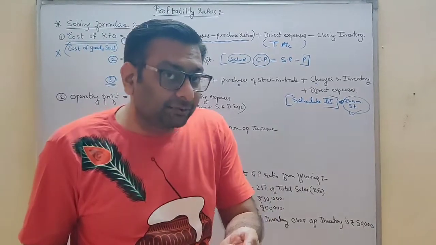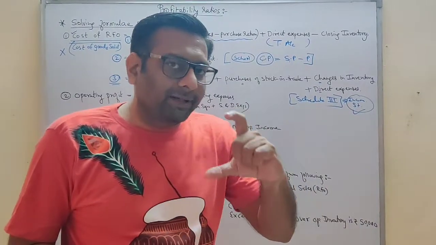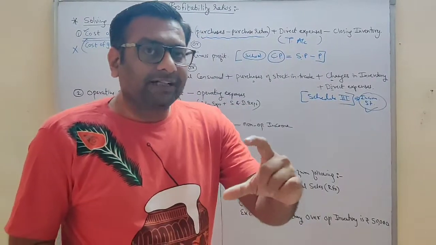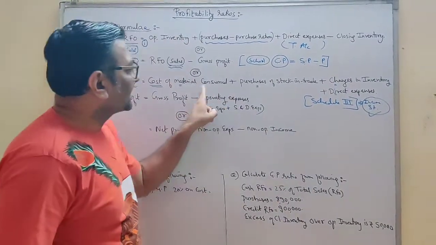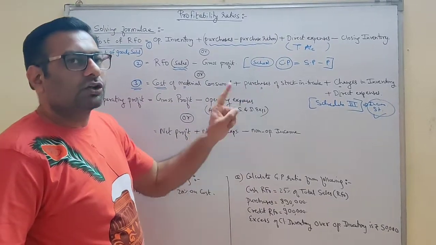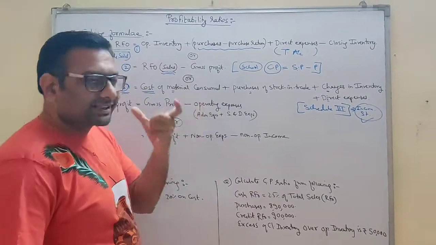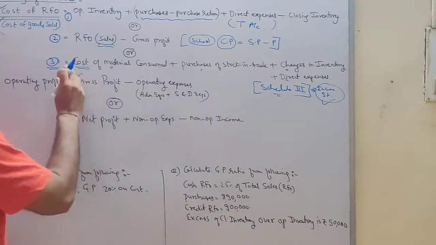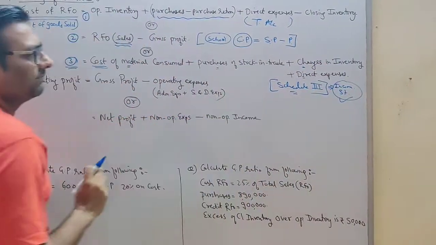I have explained it to you. Just go through that format. When you see that format of income statement, you will find these items. You just cross check, open your book and see this video and find out these items are there. So this is the formula as per schedule 3.